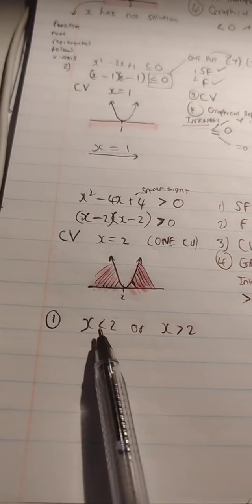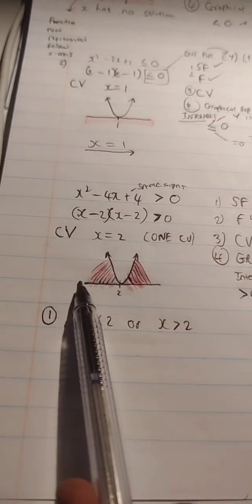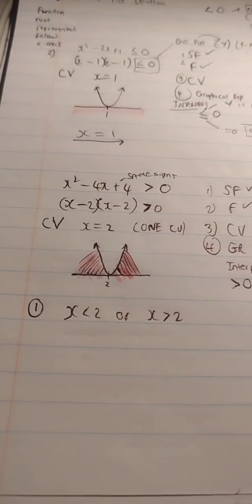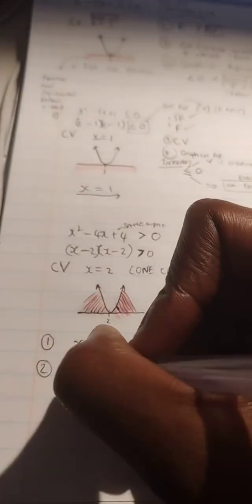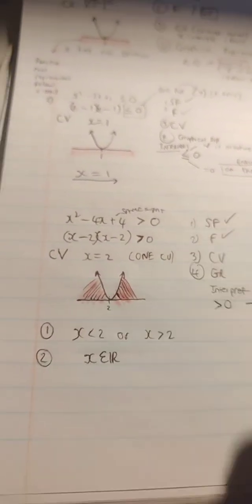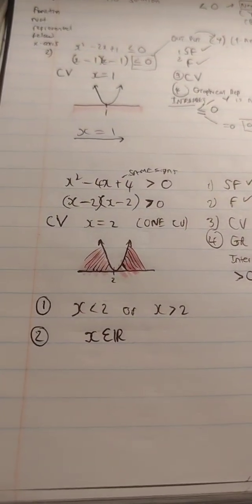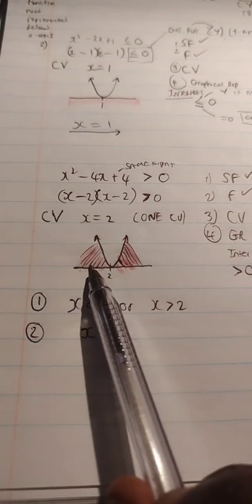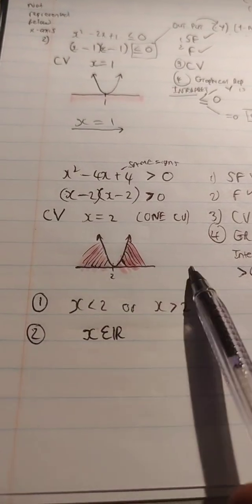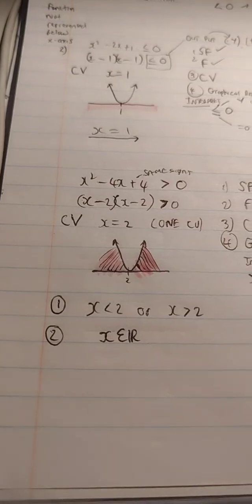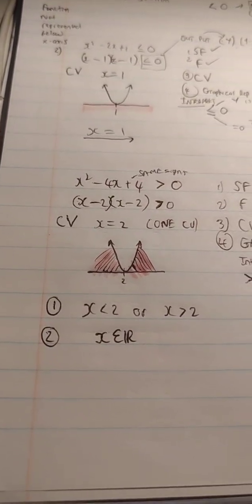So where x is less than 2 or x is greater than 2, we have an answer. That is one way of writing it. Or you could say x is an element of real numbers. What does that mean? It means for every x value, left to right, we are sorted.